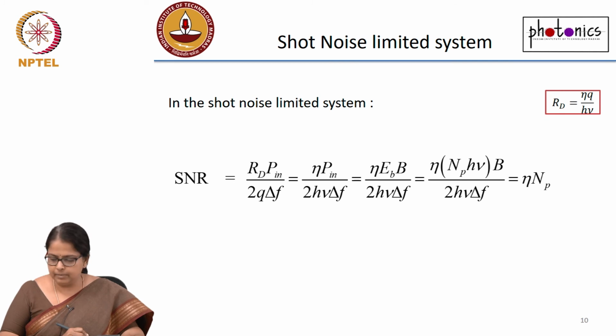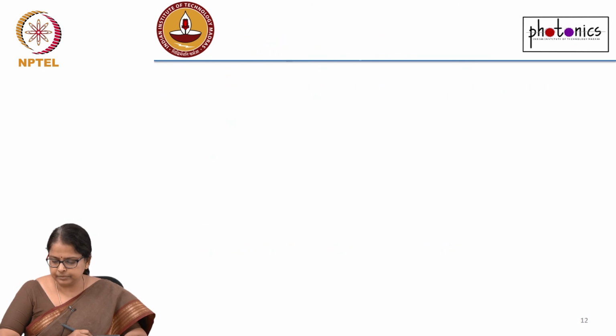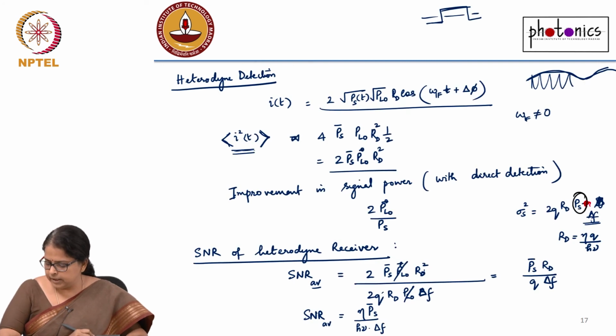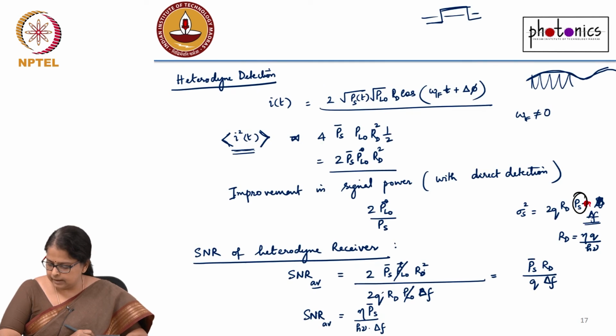It is eta Pn divided by 2 h nu delta f. Here eta Pn is the same as Ps in our current notation, so it is eta Ps divided by h nu delta f.